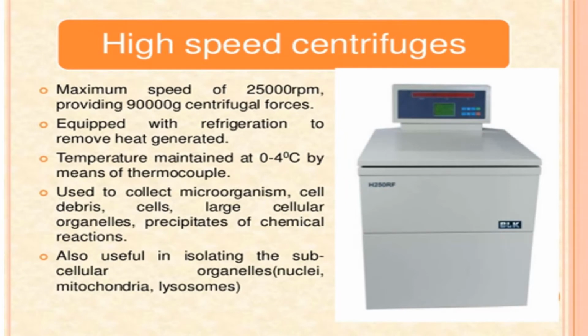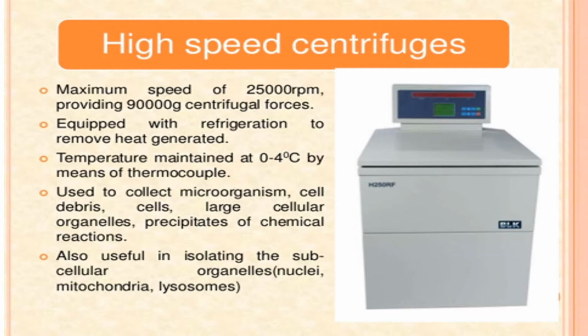High-speed centrifugation: the maximum speed is 25,000 rounds per minute. Its rotor is equipped with refrigeration to remove the heat generated. Temperature is maintained at 0 to 4 degrees centigrade by means of a thermocouple. It is used to collect microorganism cells, cell debris, large cellular organelles, and precipitates of chemical reactions.